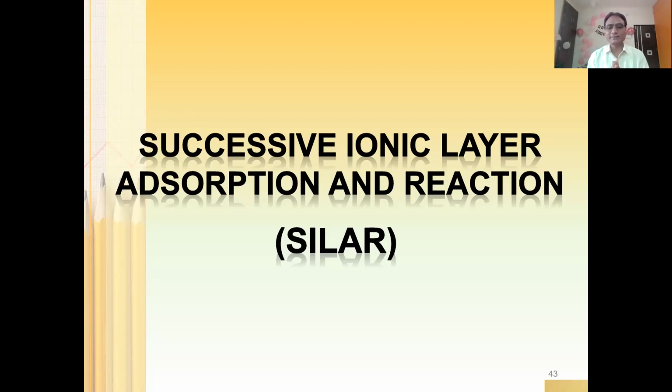Usually, as far as the SILAR method is concerned, there will be 4 beakers. One beaker will have the cationic solution, and then you need the solvent, so that the excess cations can be removed, which is called rinsing. And the third one is the anionic solution. Their reaction is going to take place, and again the fourth is going to be rinsing, right?